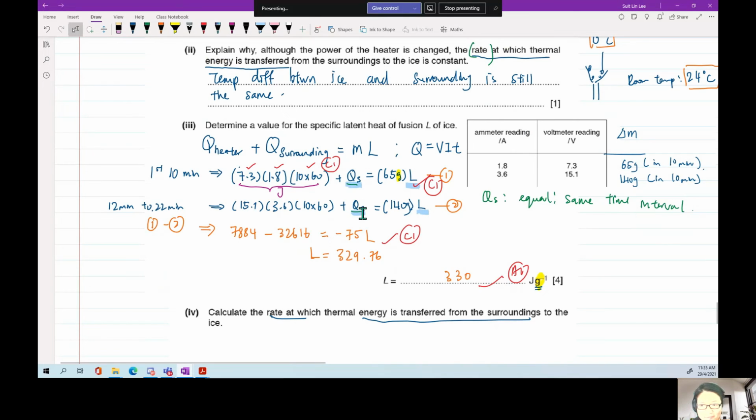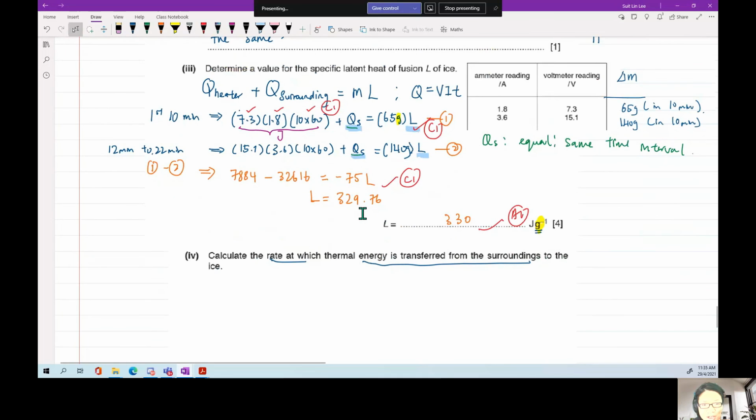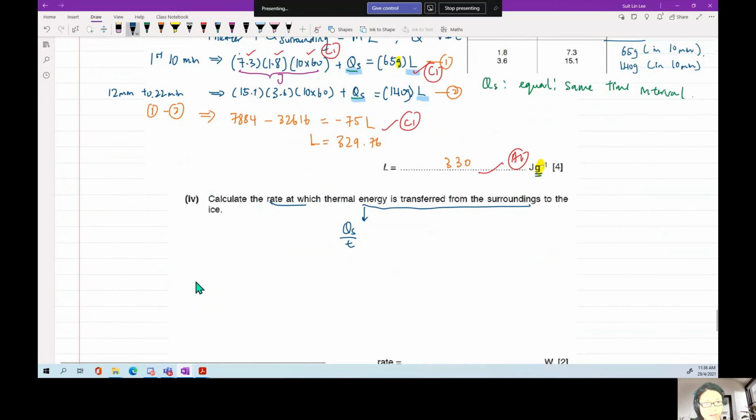Okay, so right now you're asked to find the rate of thermal energy transferred. So this will be QS over T. Find QS first. So I'm going to substitute L as 329.76 into, let's say, equation 2. You can use equation 1 or equation 2, it doesn't matter.